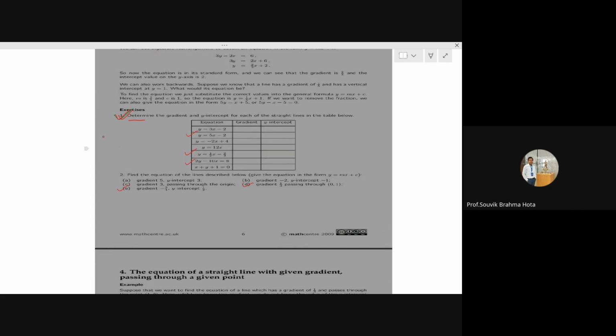These five questions you just do. Simply get the equation first, and from the equation get the gradient and y-intercept, and only then proceed.